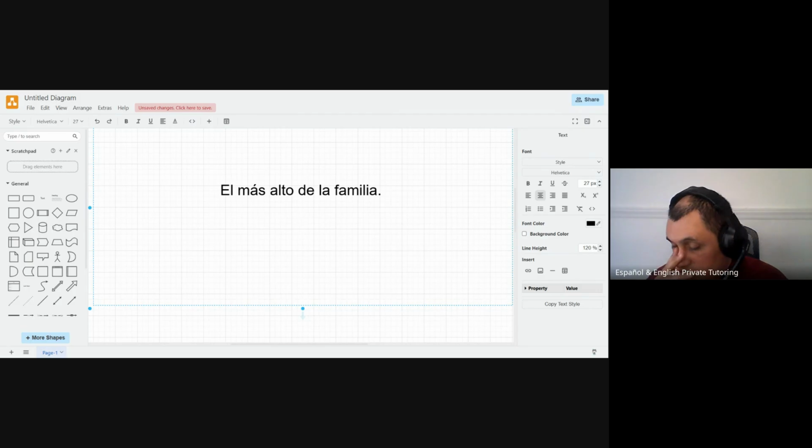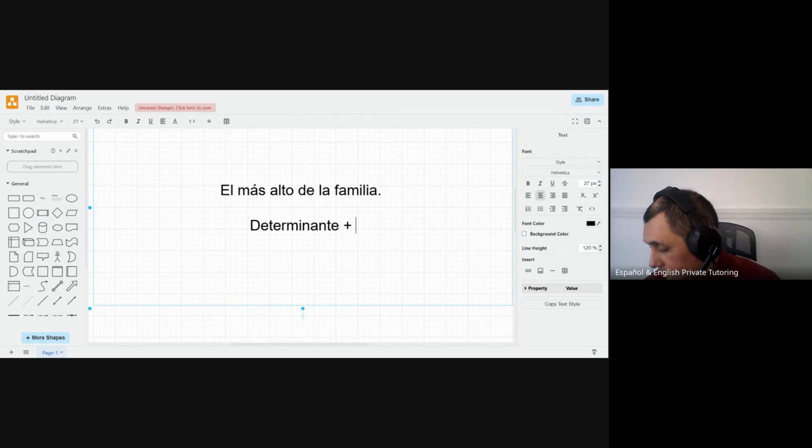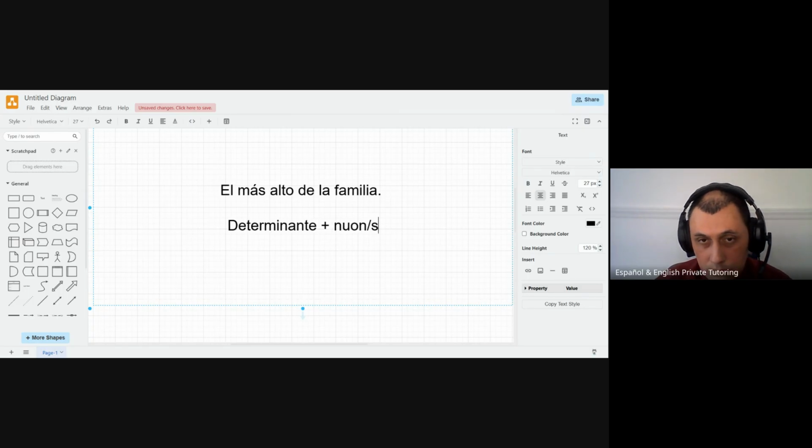Okay? So a better formula will be determinante, determinant in Spanish, plus noun or nouns.